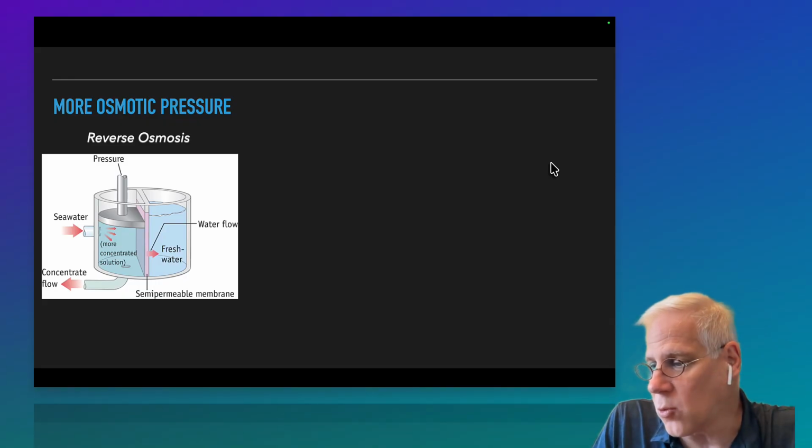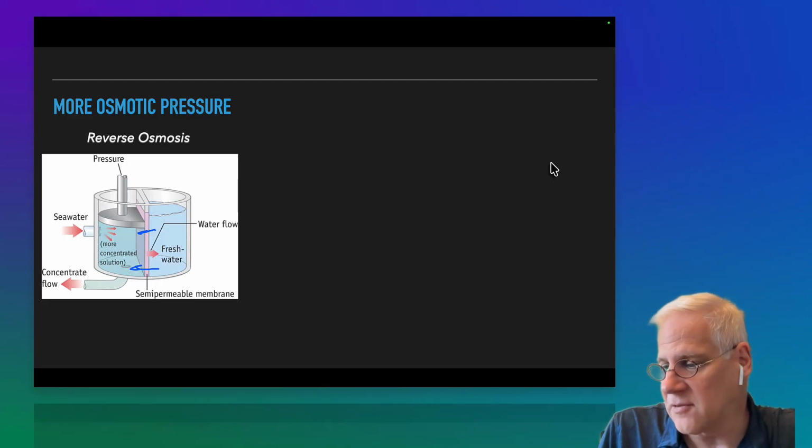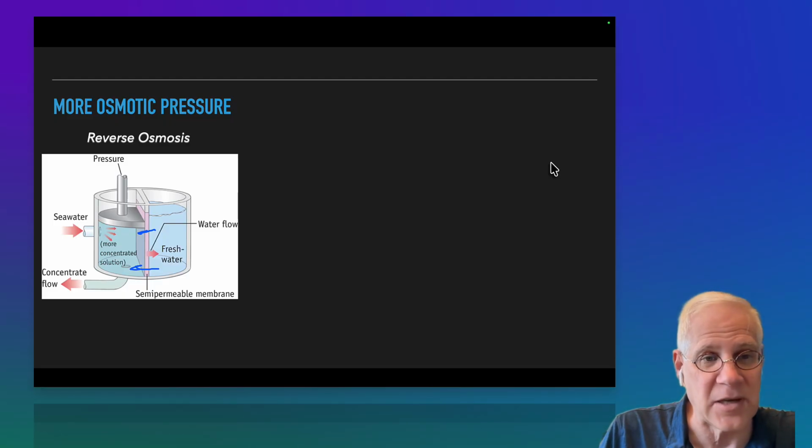The direction water wants to go is this way, because it wants to try to dilute that solution there. So what we have in this diagram is fresh water over here and seawater over here. If the ions cannot pass through this way, then the water is trying to dilute the seawater to get to the same concentration as the fresh water, which obviously it can't do.